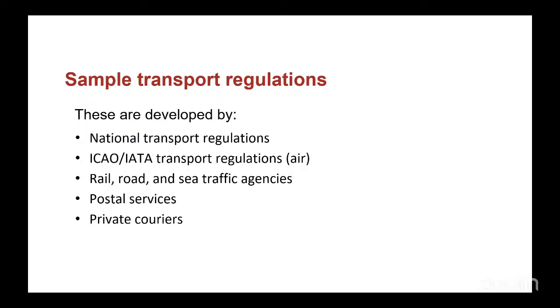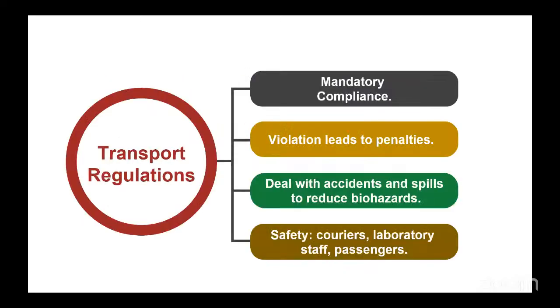SOPs have to be there, training has to be there for the people handling it, and monitoring has to be there. I've seen an organization where in every key department area, they have a quality assurance manager. For sample processing, they have a QA manager. For the analytical, they have a QA manager. Why? To ensure that they get the best. So with transport regulation, compliance is mandatory, and violation leads to penalty. It deals with accidents and speed, to reduce biohazard and protect safety of the courier, laboratory staff, passengers, etc.